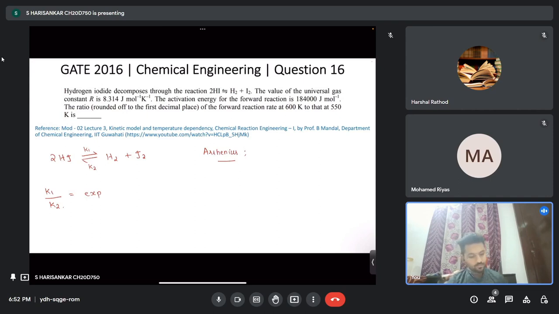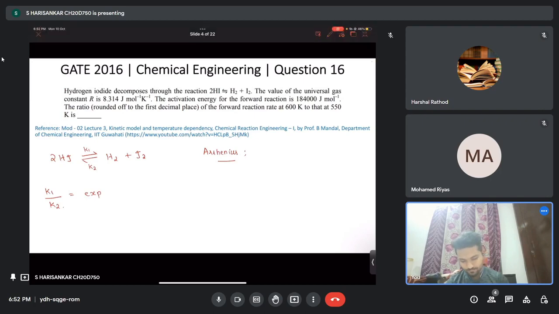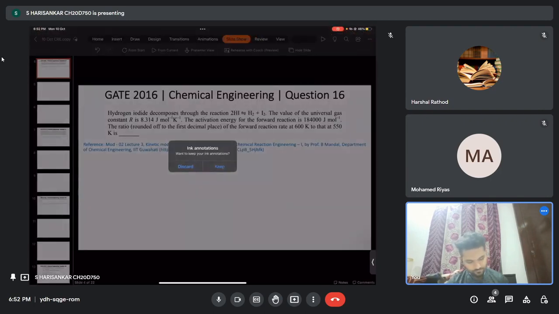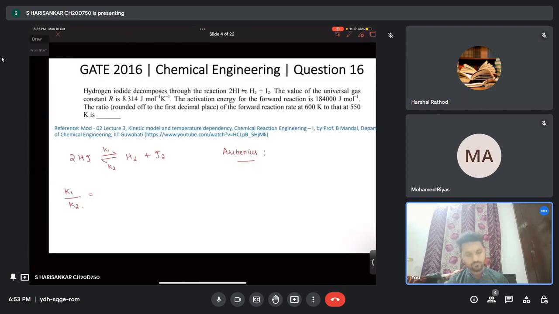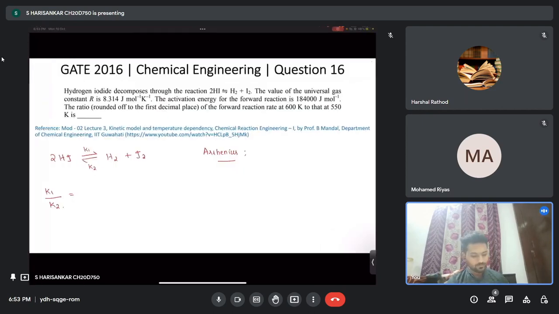So by Arrhenius theory, K is equal to K0 e raised to minus E by RT.